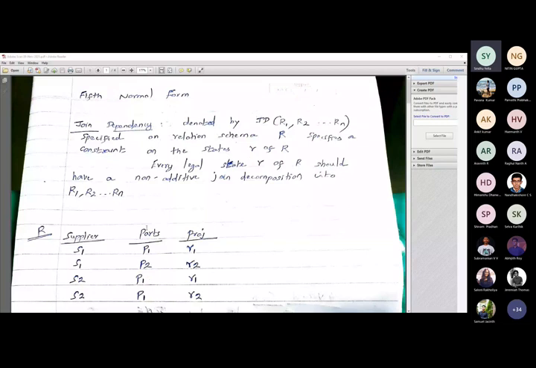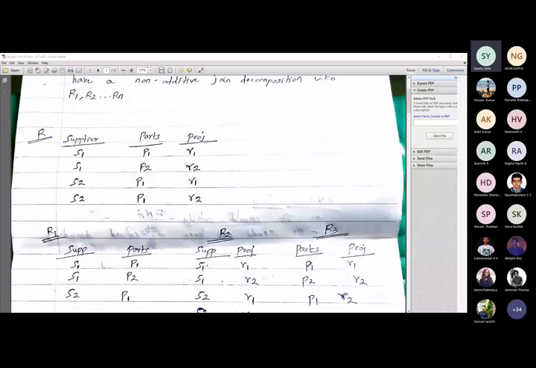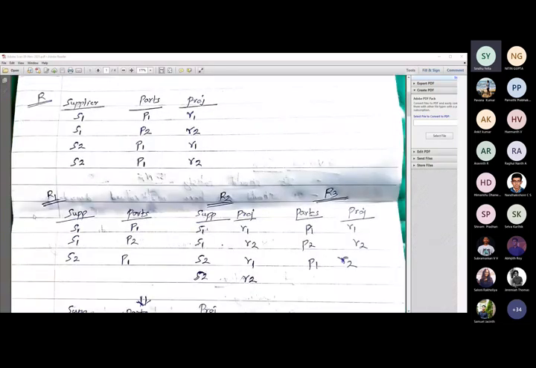So for example, consider this relation R. It contains the information about the supplier, the parts supplied by the supplier, and the project for which the parts are being supplied by the supplier, right?